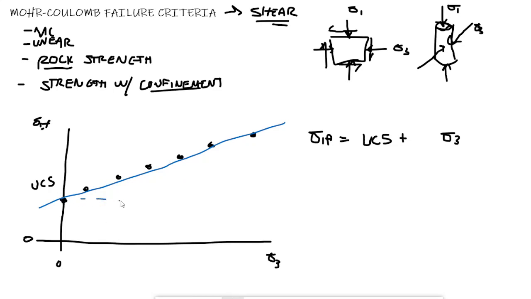So if you were to try to determine the overall slope, you would draw this out as a right triangle. You would have the change in sigma 3 over the course of all the experiments, and then the rise here would be the change in sigma 1f over all of the experiments. So empirically, that would be the rise over run. We'll just write it as delta.